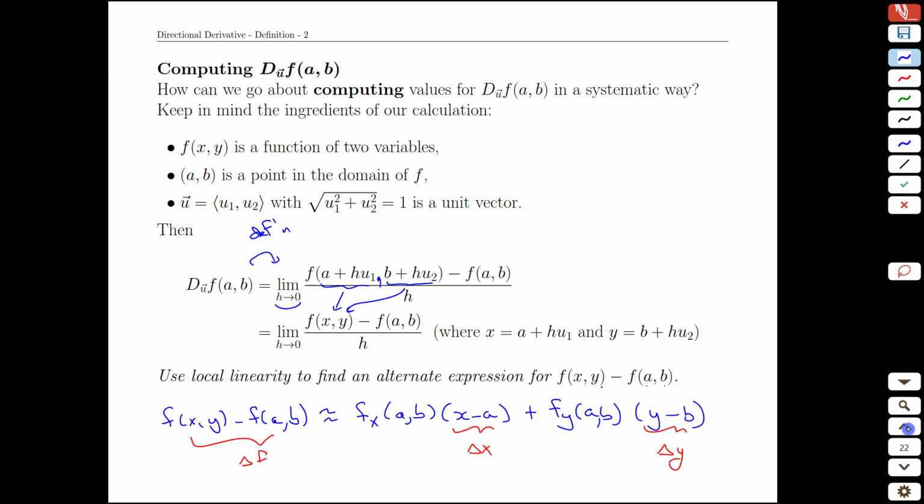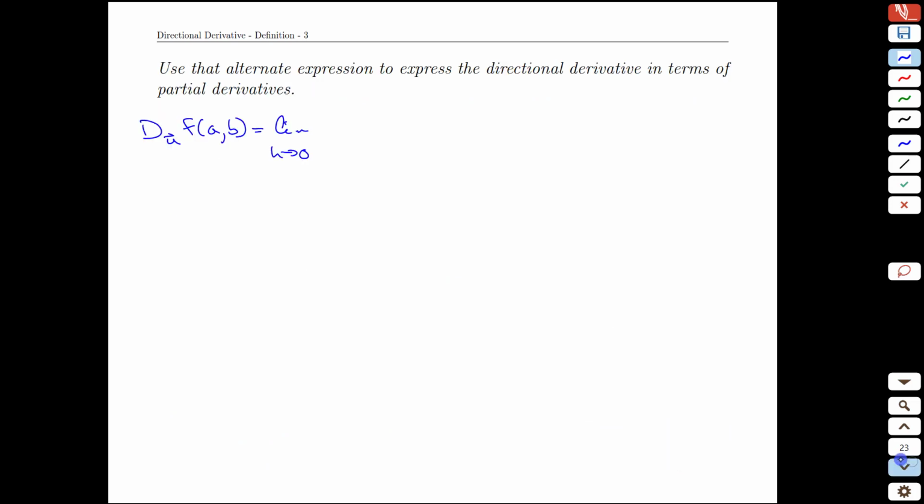Let's go back one step. We had this expression here, and we can replace it with our tangent line formula. So we can replace it with the x derivative at a, b times x minus a plus the y derivative at a, b times y minus b, all over h in this case here.